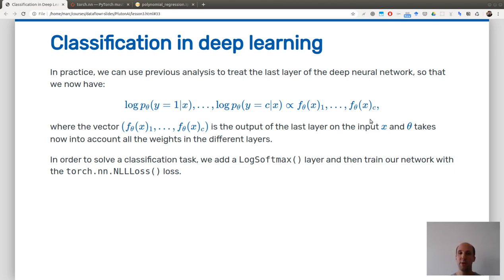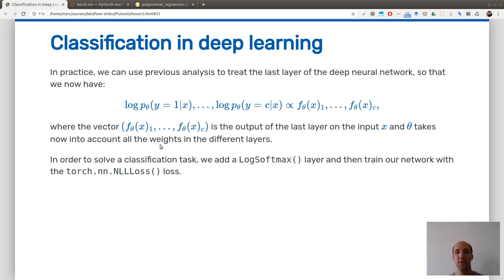So your neural network takes as input, let's say, an image x, does a lot of computation through different layers, and at the end will output a vector of size c, where c is the number of classes, and we interpret each of these components as the log of the probability of belonging to the given class, computed by the algorithm.